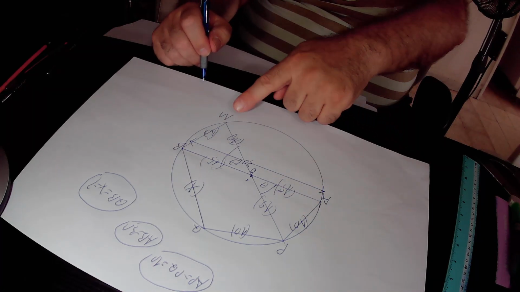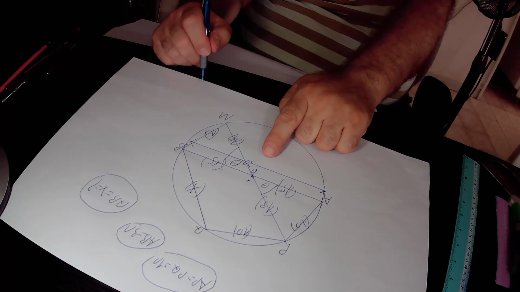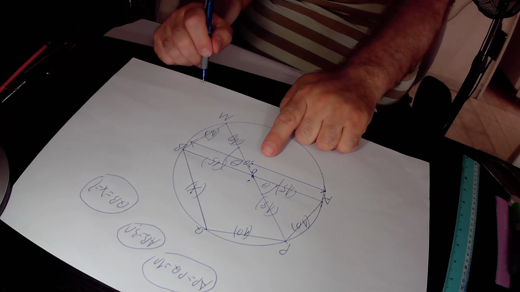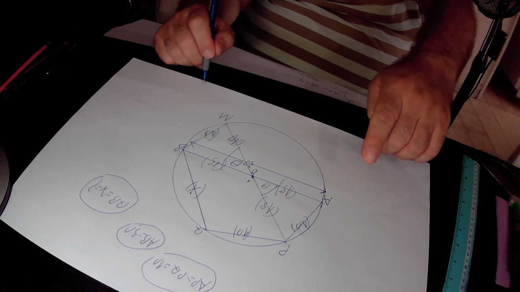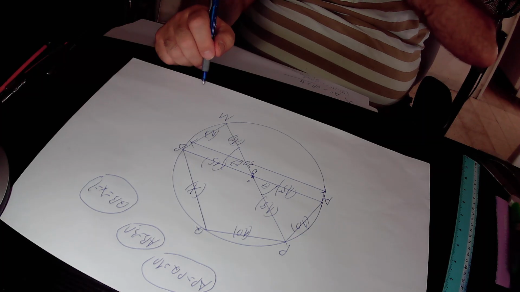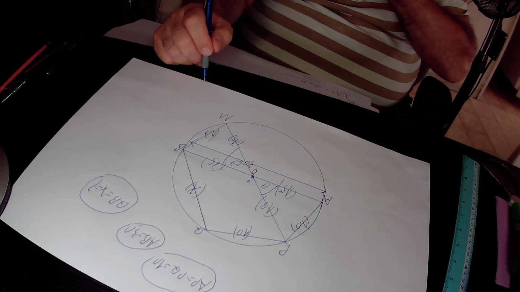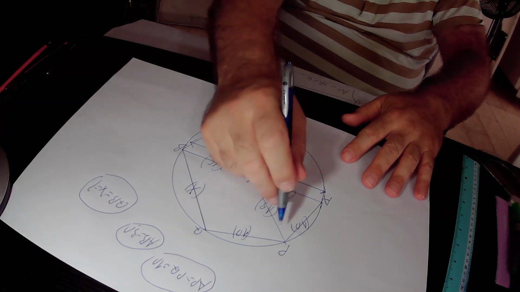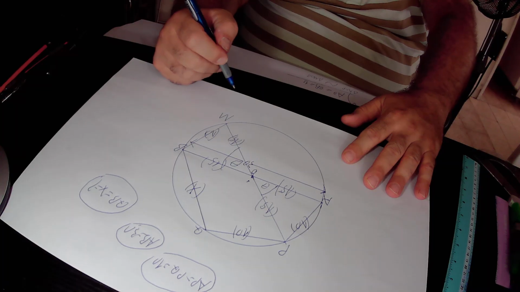This is called PM, which passes through point O, the center of this circle, and you know that any chord that passes through the center of the circle must be the diameter of the circle. So PM is the diameter of the circle and also the diameter of this semicircle. So I'll copy this semicircle with the diameter PM and we will analyze it.